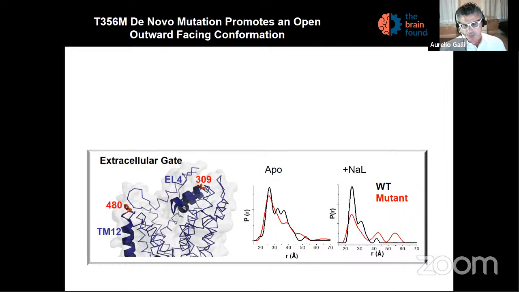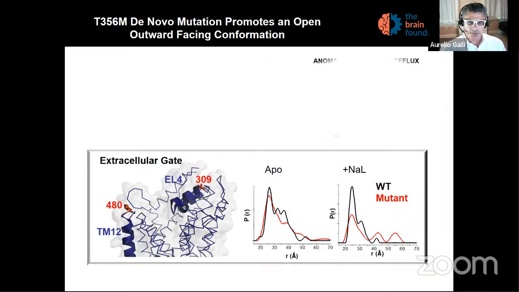So the transporter was trying to move the substrate from the outside to the inside by closing the gate. But when we looked at what was happening in the mutant, we saw a higher probability of the two cysteine labels being at higher distances, meaning that now the gate was opening to the outside when it was binding the substrate, moving the substrate outside the cell.